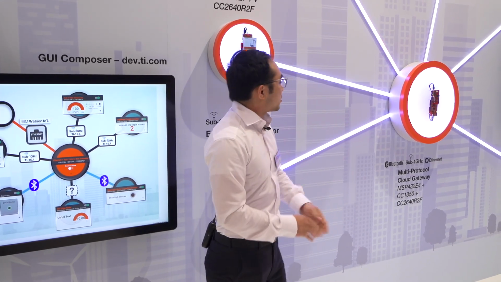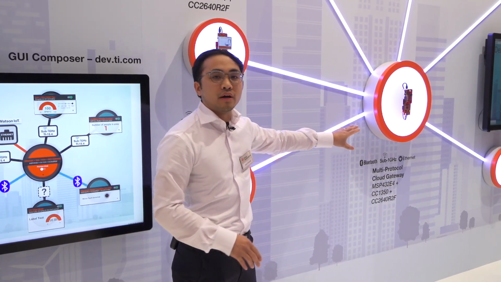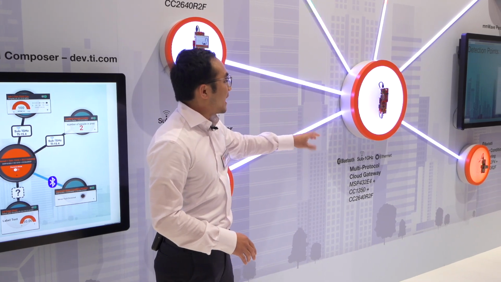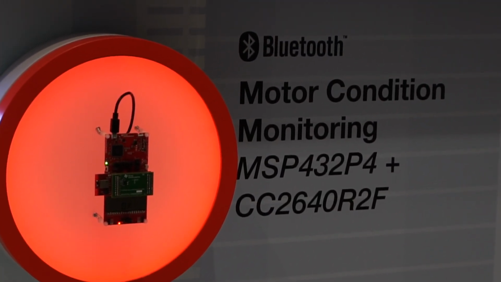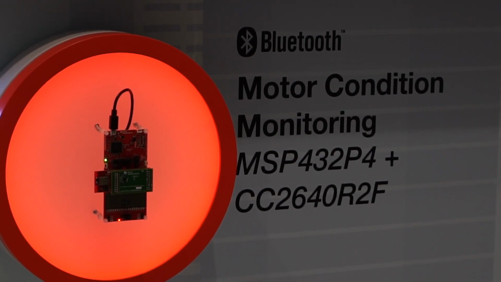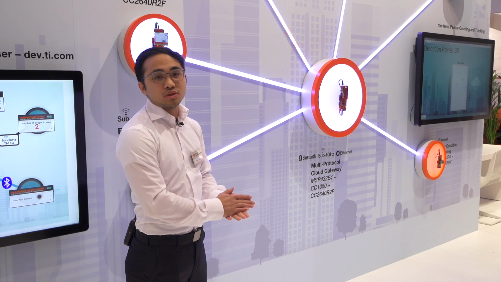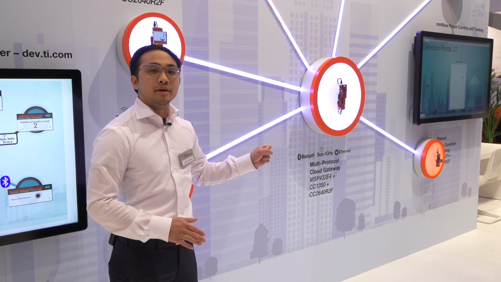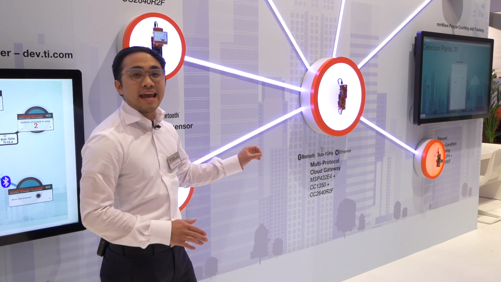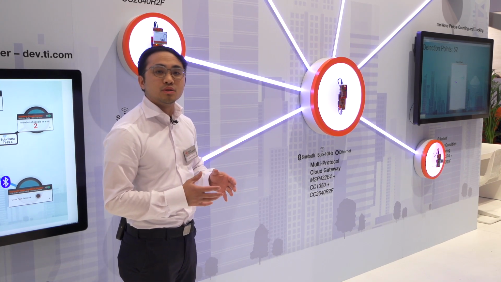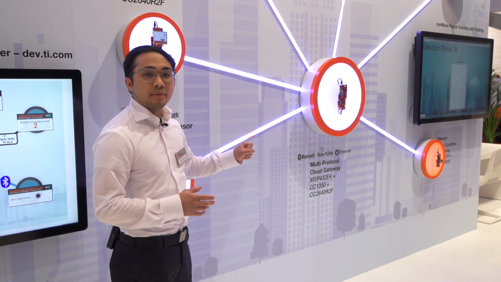And then lastly, we also have a BLE-connected motor fault condition monitoring node. This is based on our MSP432 product, which now has up to 2 megabytes of flash. And this particular solution is paired with our CC26XX Bluetooth solution, as well as an accelerometer. The MSP432 device has a high-resolution 14-bit A to D, and we're able to get really high-resolution readings from that accelerometer.